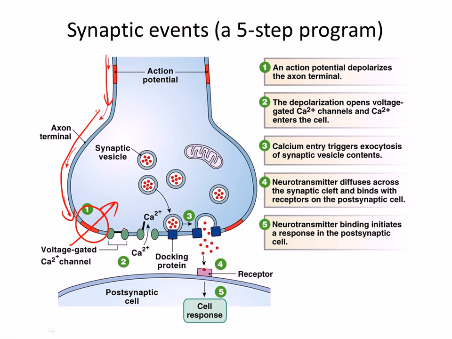Calcium does what calcium does best. It causes vesicles to move to the surface. Now really, we're ignoring all the steps in there that cause vesicles to move to the surface. But what it's doing is causing a change in the activity of the cell, kind of acting like a second messenger here.